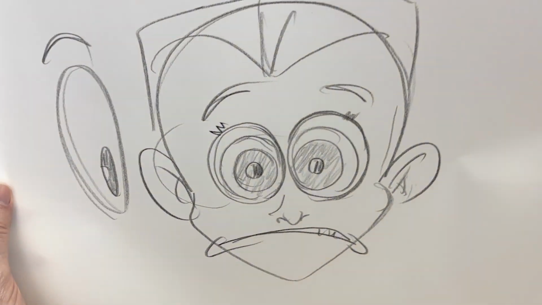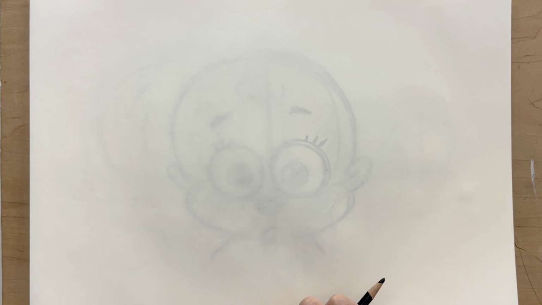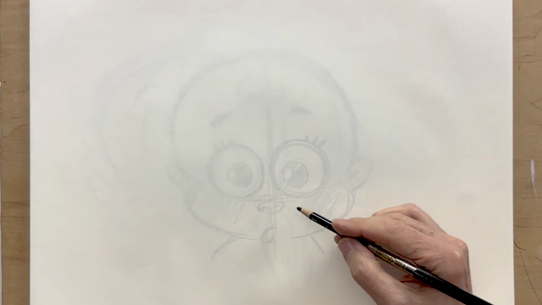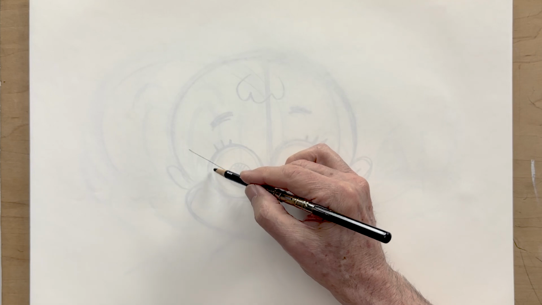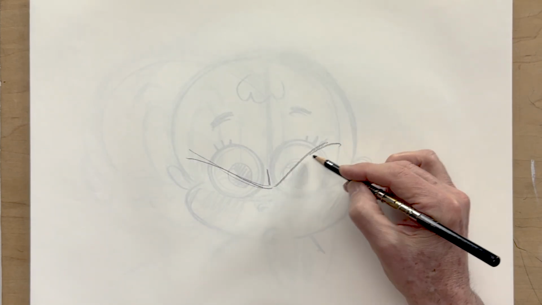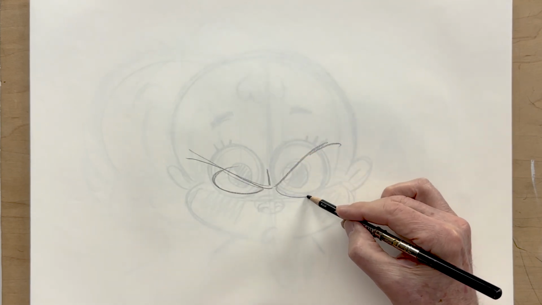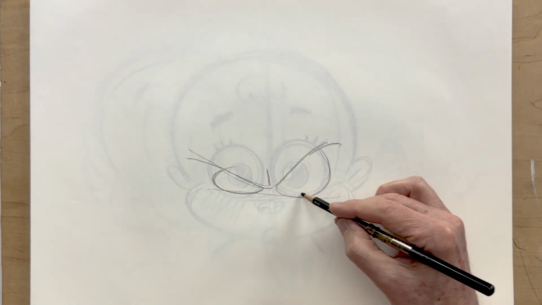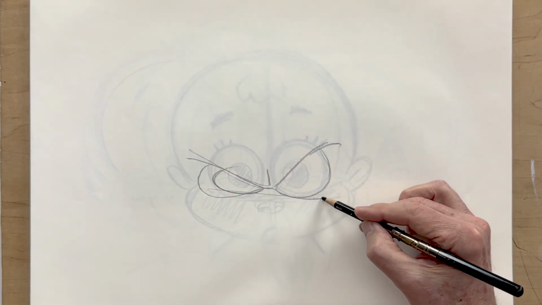If I take, going back to this infant eye, you can get a sneaky look with the brows. The brows can come down and what you want to do, this is almost like a facial mask, this portion of the eye.